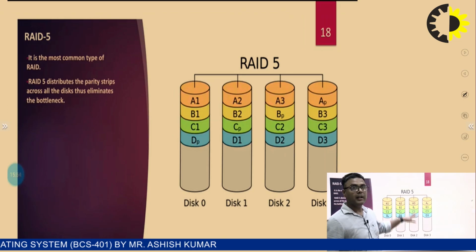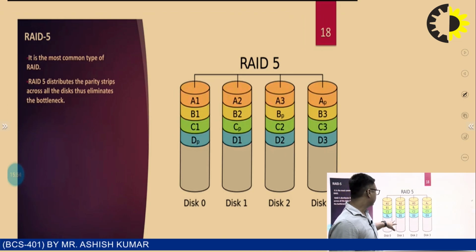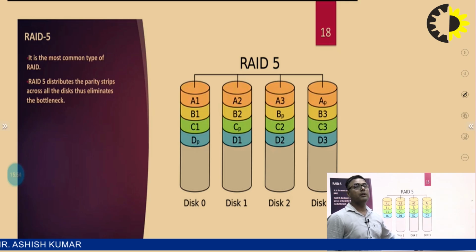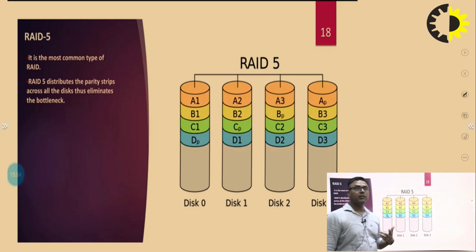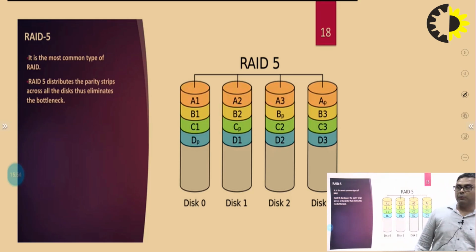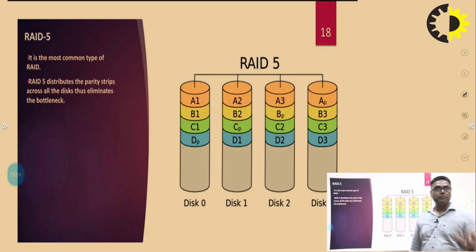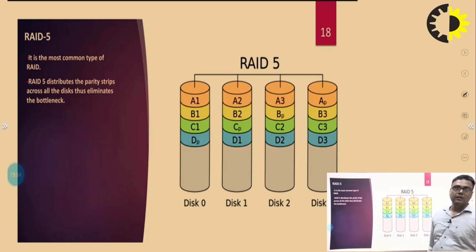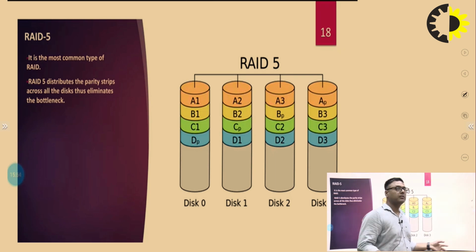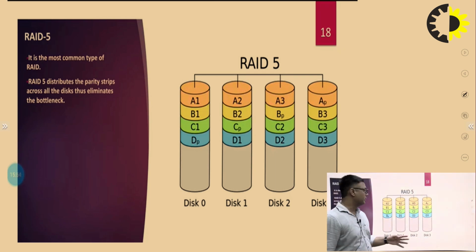But in this figure, different parities are available on different disks. So at one time, the whole parity is not lost. Data security increases, data availability also increases, and throughput also increases. The starvation problem decreases. Through RAID 5 you can solve this problem in an easy way, as different positions of parity are stored and you can find the data.